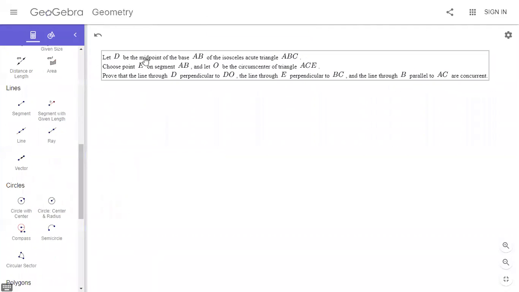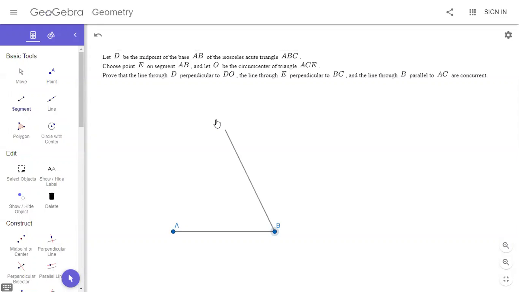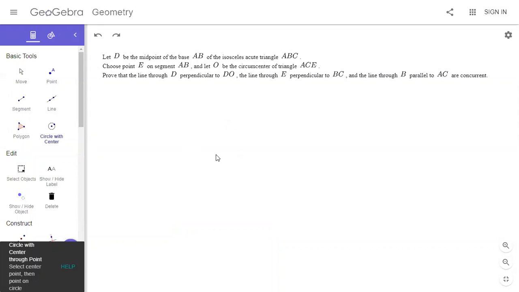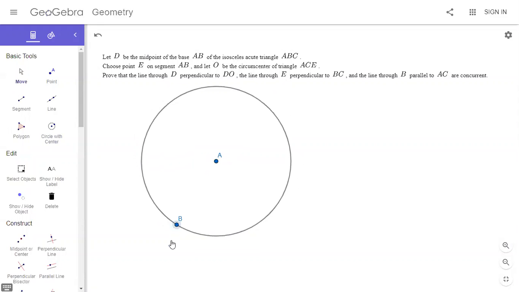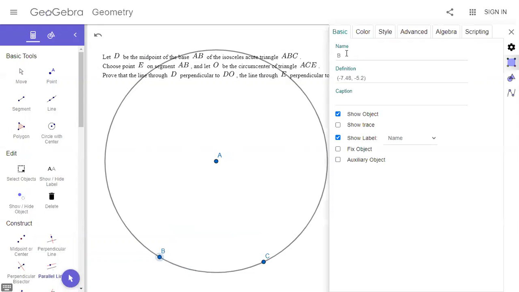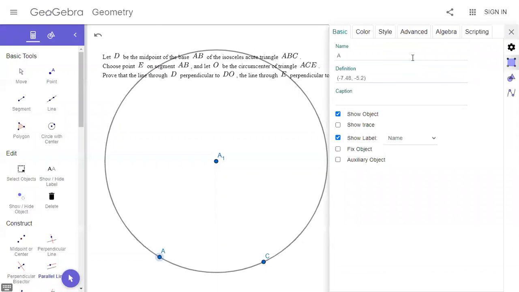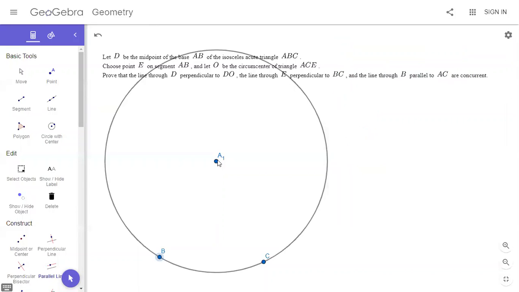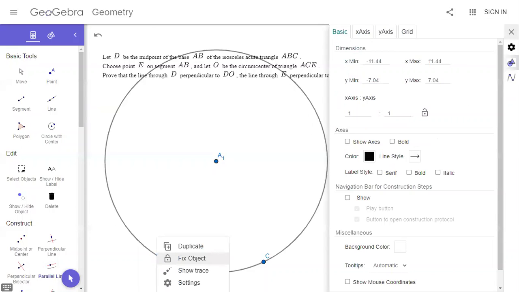So let D be the midpoint of the base AB of isosceles triangle ABC. Let's do it like this. But AB is the base, so I'm going to have to relabel some things.